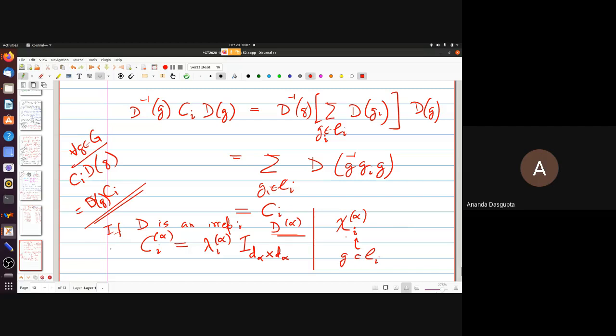Just to remind you, this is what Ci alpha really is. And Schur's lemma has just told us that it must be a multiple of the identity.